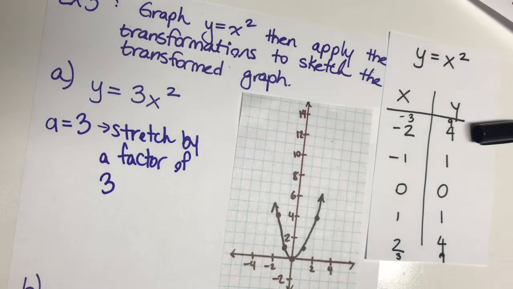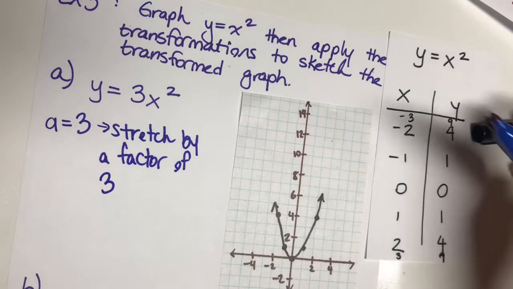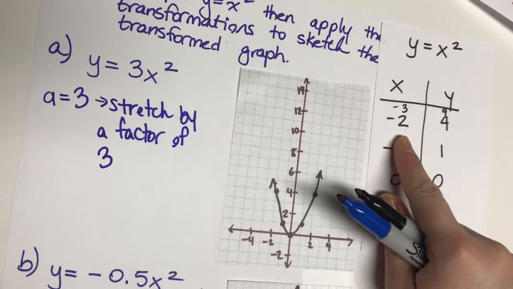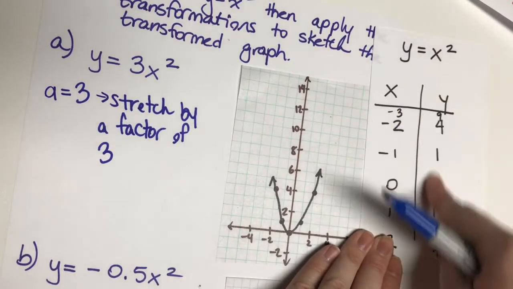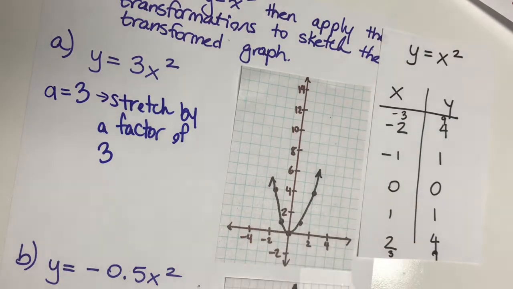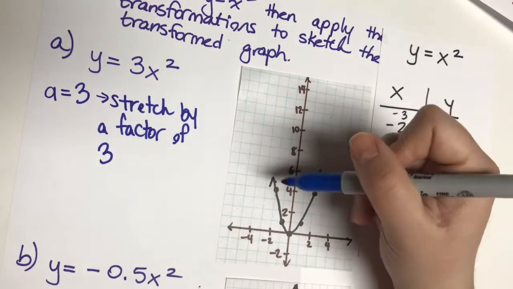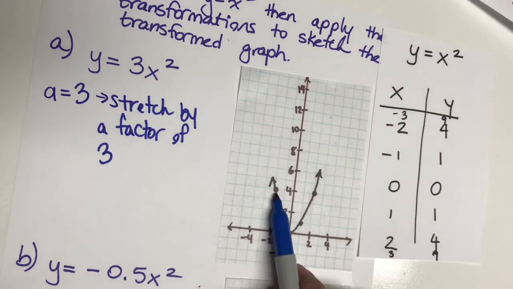Okay, so that means my x values don't change. What I'm stretching is the y values. So I am taking every y value and I'm multiplying it by 3, starting from here.